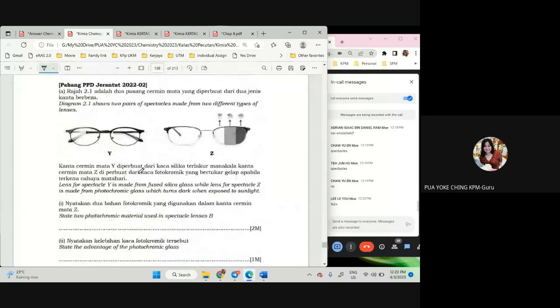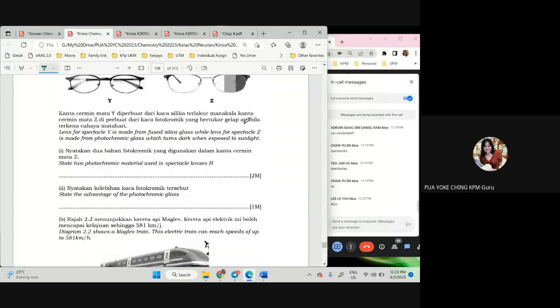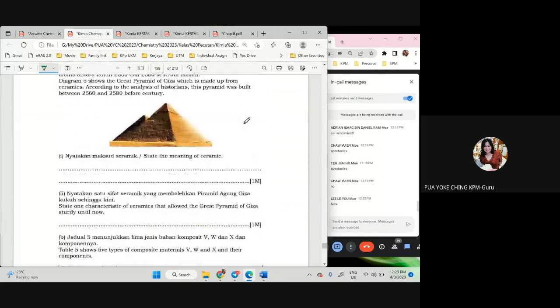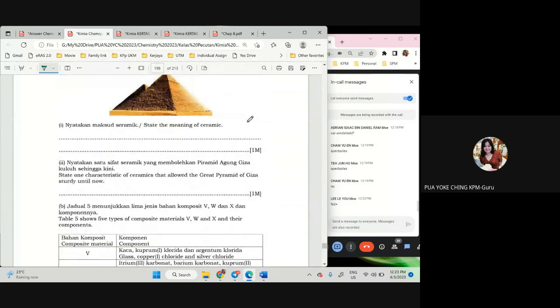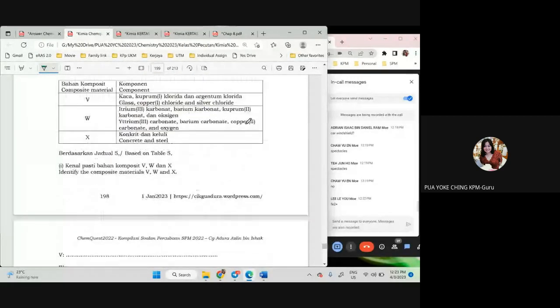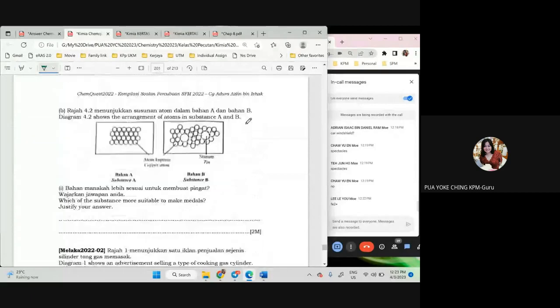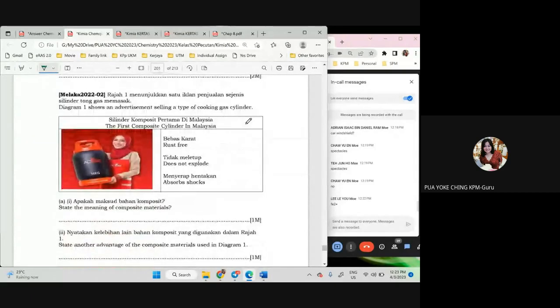Okay, the rest I think is almost the same. So this is still the photochromic glass. Although it did not come out last year, still a lot came out on photochromic glass. But ceramic can also come out because I see a lot of ceramic as well. Ceramic, glass. Alloy is usual, a very simple thing. Okay, this is the first cylinder composite in Malaysia.